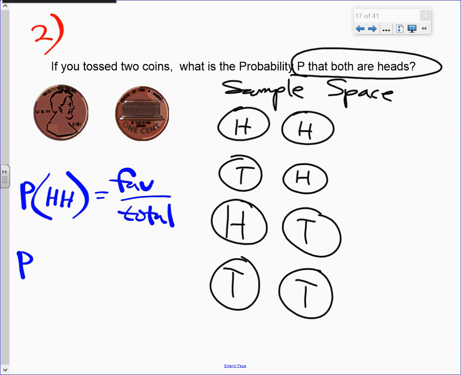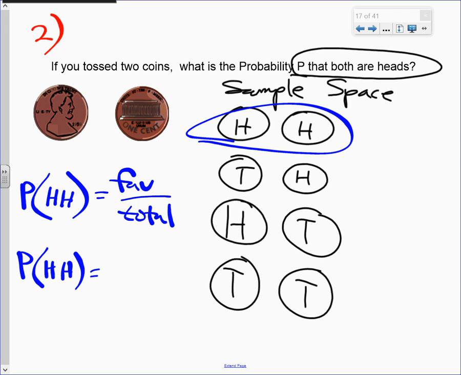So the probability of both being heads is going to equal how many favorable outcomes out of the 4 are both heads? 1 right here. So 1 out of 4. In fraction form, 1/4, 0.25 in decimal, or in percent, 25%. So you have 2 coins, there's a 25% chance of them both being heads.